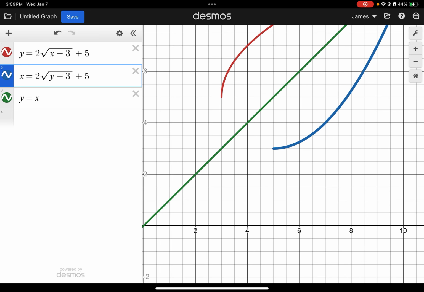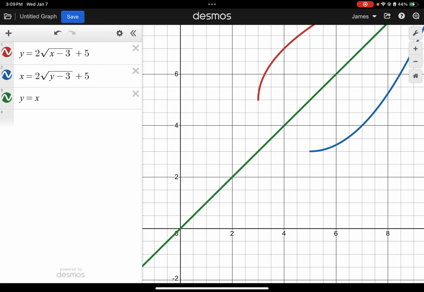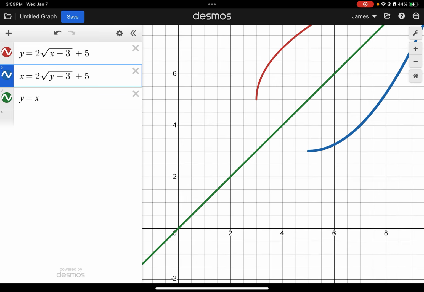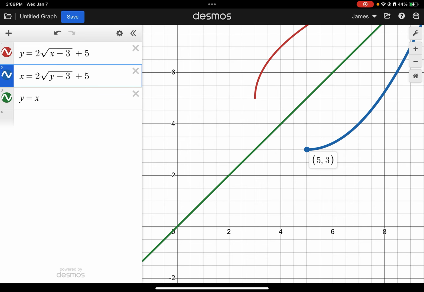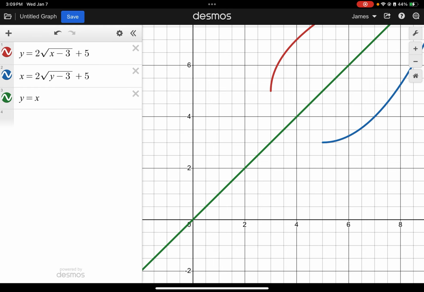And also the range of the blue graph starts at, I believe that's 3, if it will be selected. There it goes. Notice it starts at 3 and goes up from there. So the range is y is greater than or equal to 3, which is the domain of the original function.